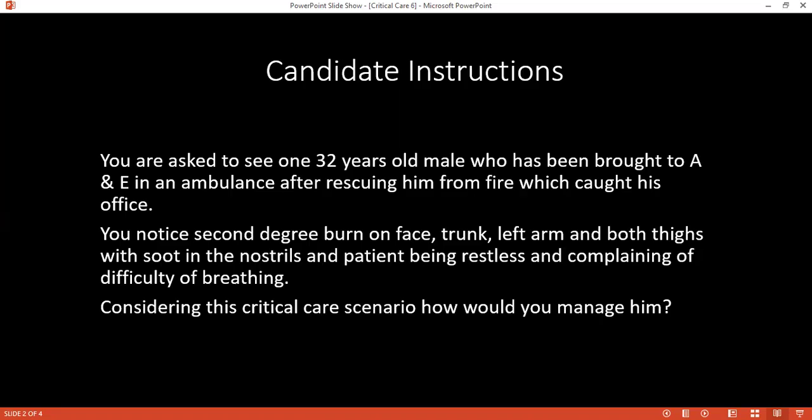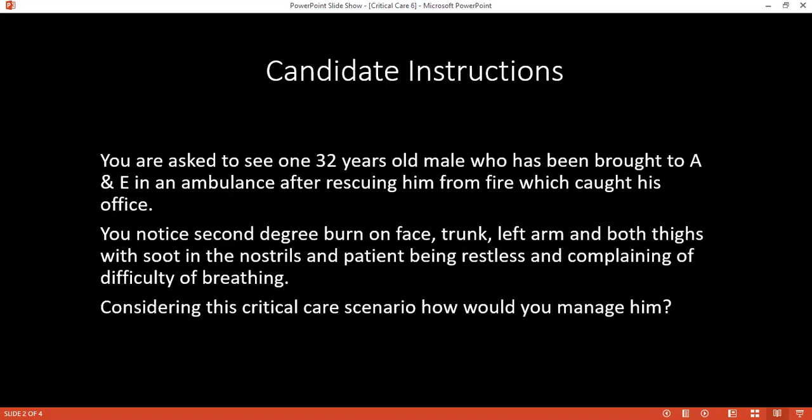This patient is suffering from difficulty of breathing, and you suspect that the patient has ARDS. How would you manage this patient now? Or what is ARDS?